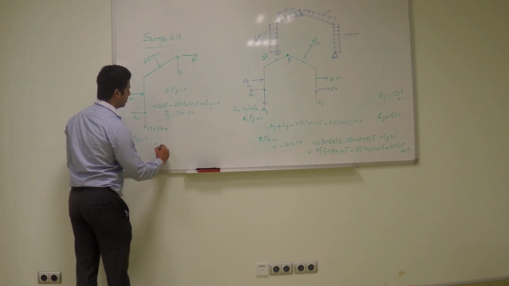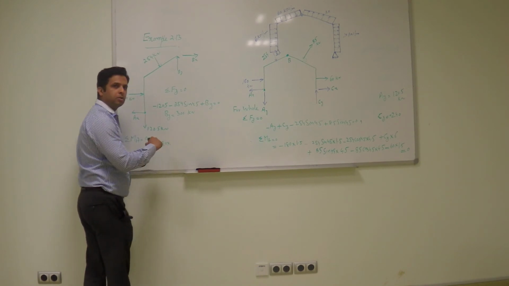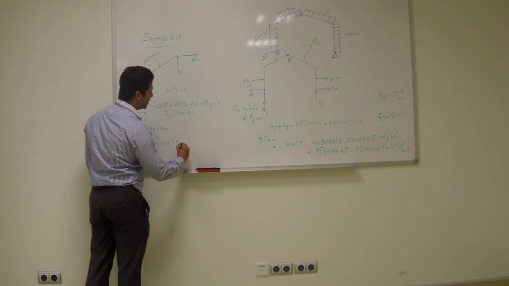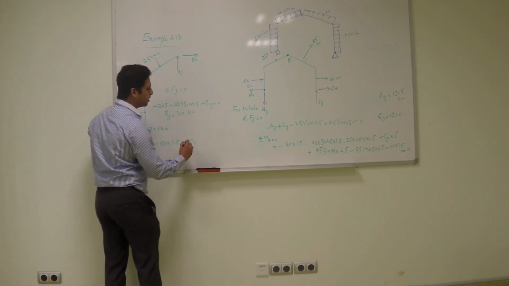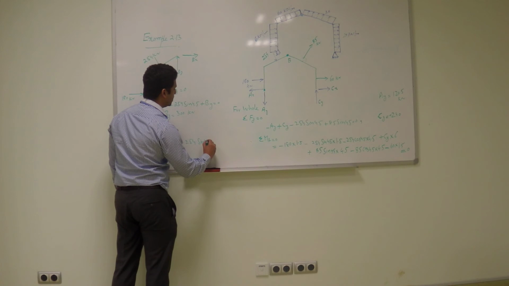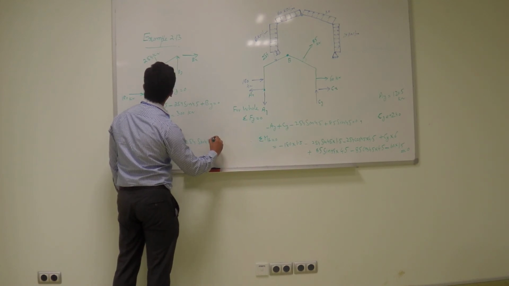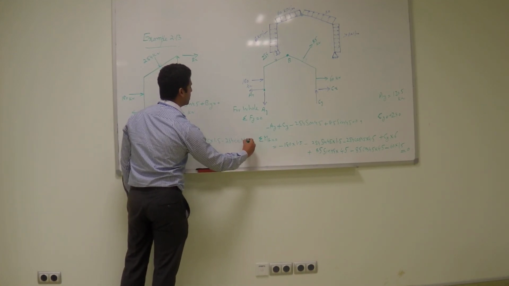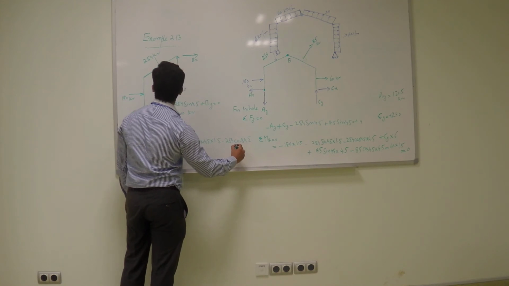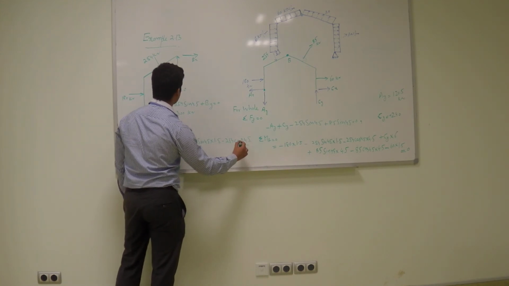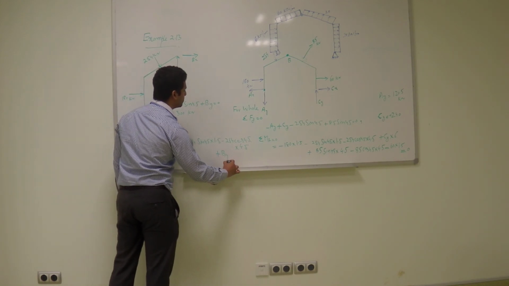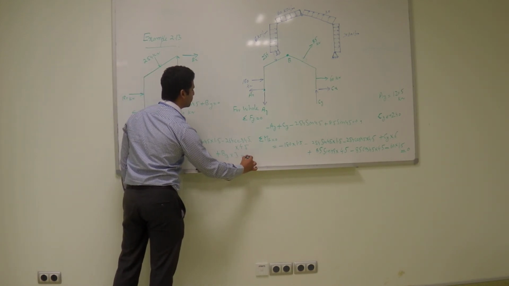Minus 180 into 1.5, minus 254 sine 45 into 1.5, minus 254 sine 45 into 4.5, plus BY into 3, plus BX into 4.5.